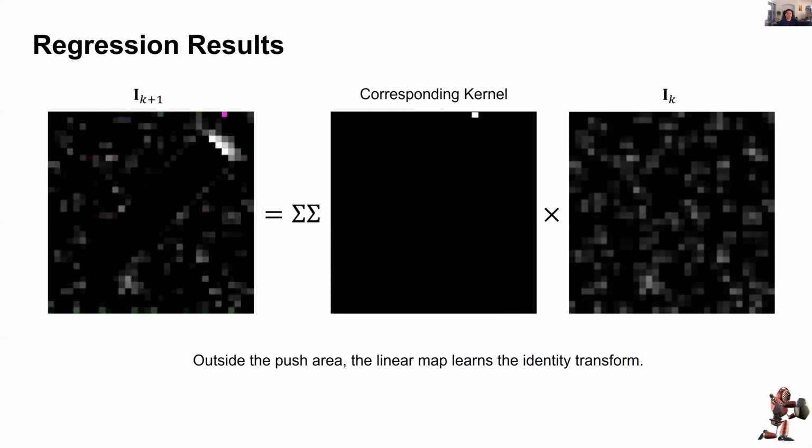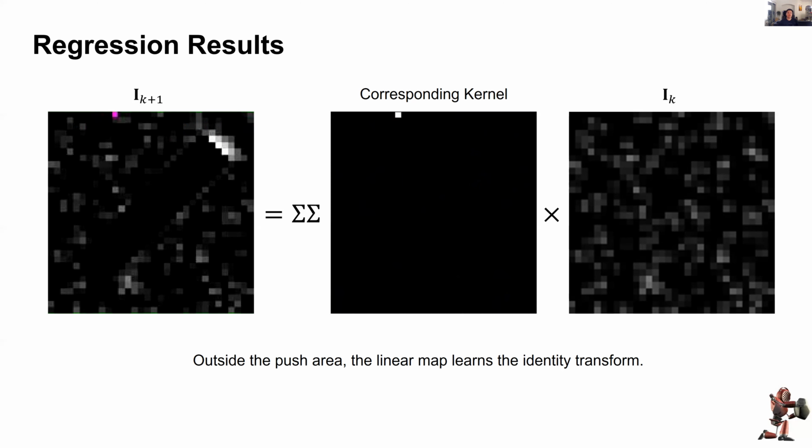Just to remind you, what's happening here is that I_k is being multiplied with the corresponding kernel, it's going to sum up the resulting image, and then put that value on the red pixel. So let me replay this.